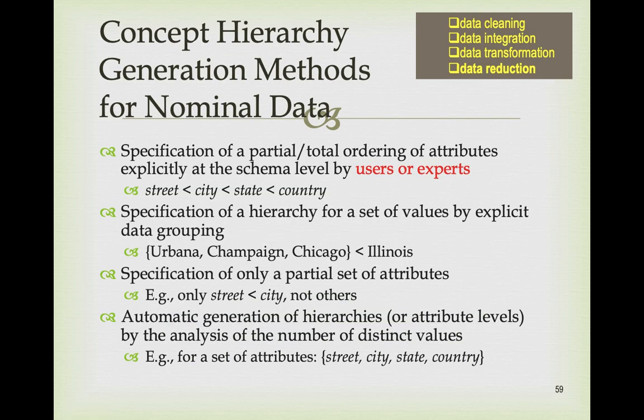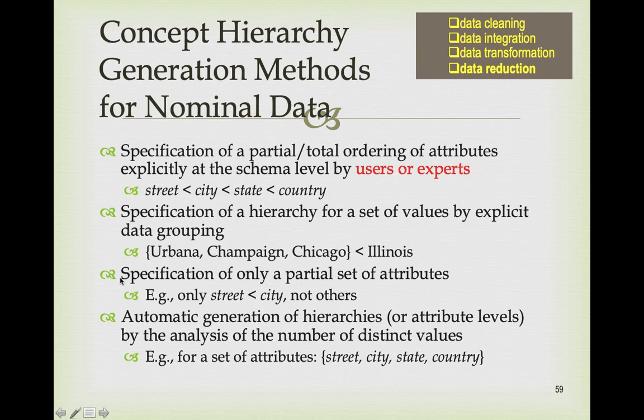Concept hierarchy generation methods for nominal data. Specification of a partial or total ordering of attributes explicitly at the schema level by users or experts, for example, street, city, state, country. Specification of a hierarchy for a set of values by explicit data grouping, for example, Urbana, Champaign, Chicago is in Illinois.